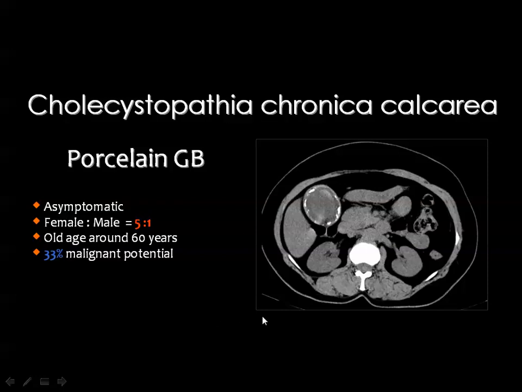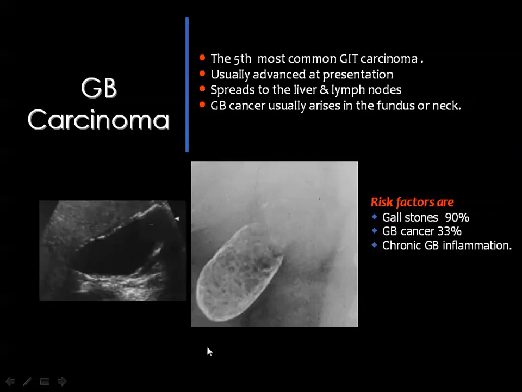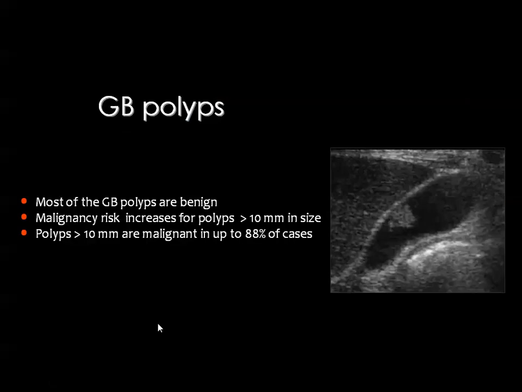And as I have said, this is a precancerous condition with about 33% malignant potential. And this pathology can be diagnosed from the plain film by detection of calcium in the wall of the gallbladder, or by ultrasound by showing evident echogenicity of the gallbladder corresponding to the presence of calcium.